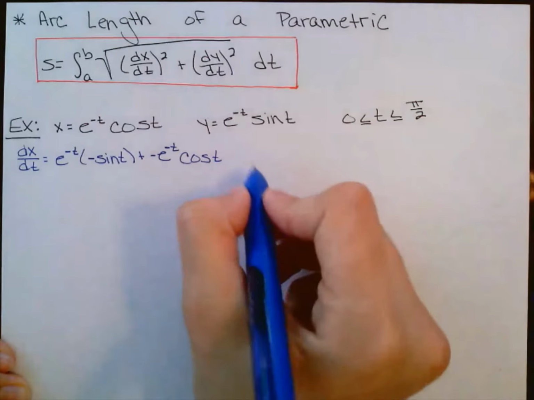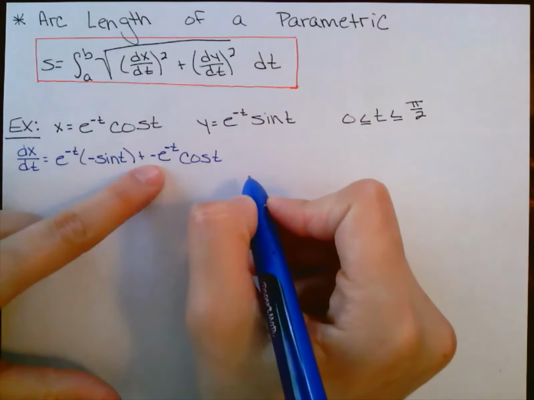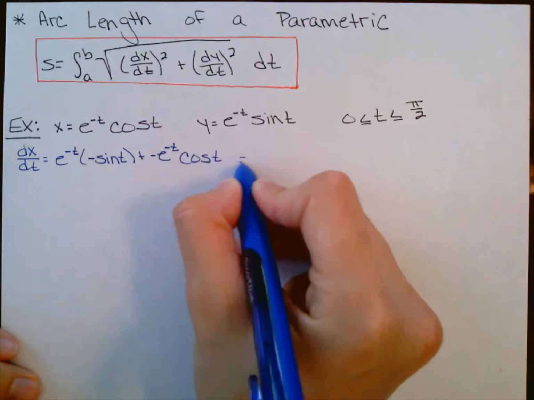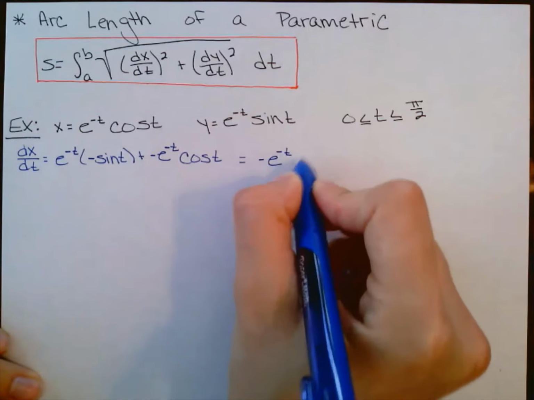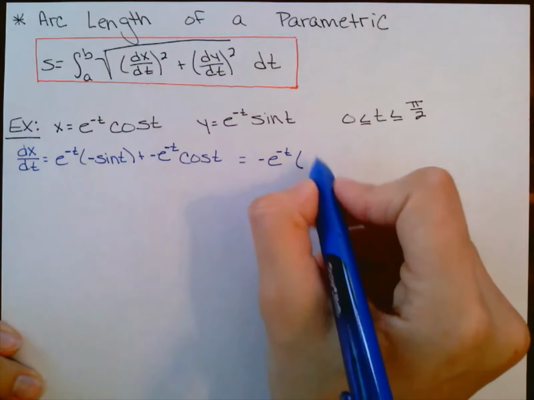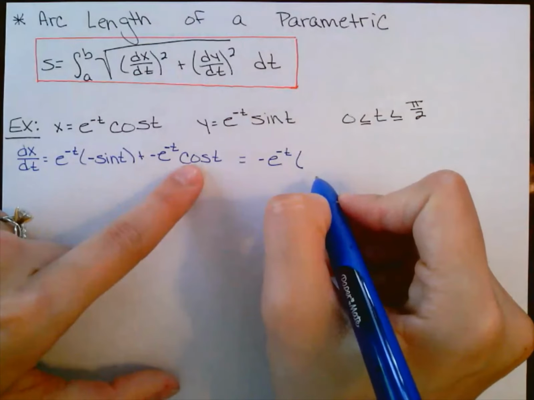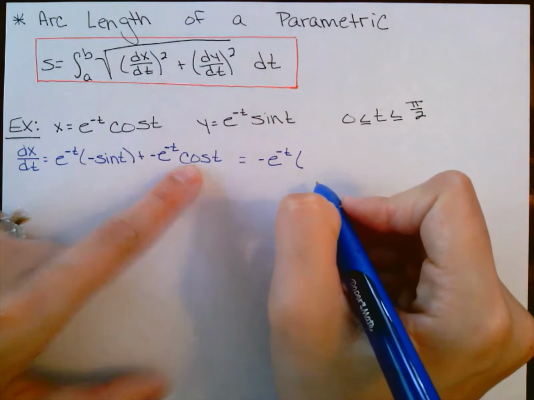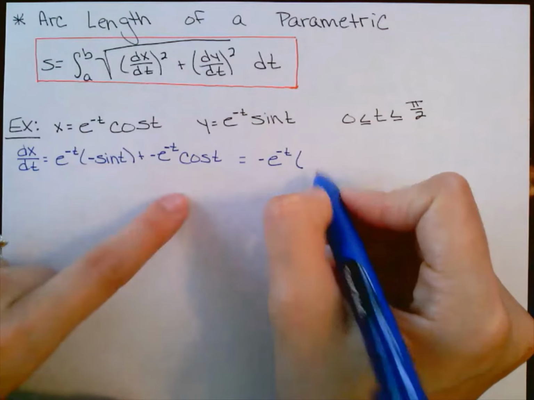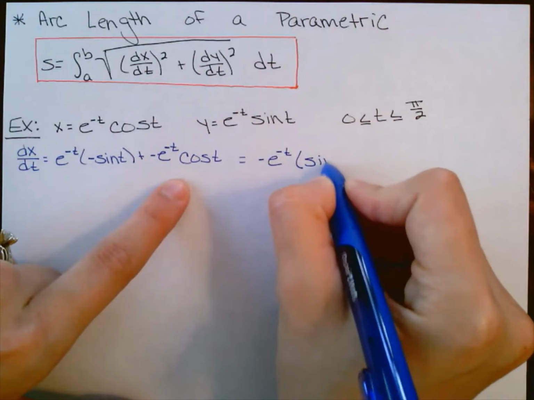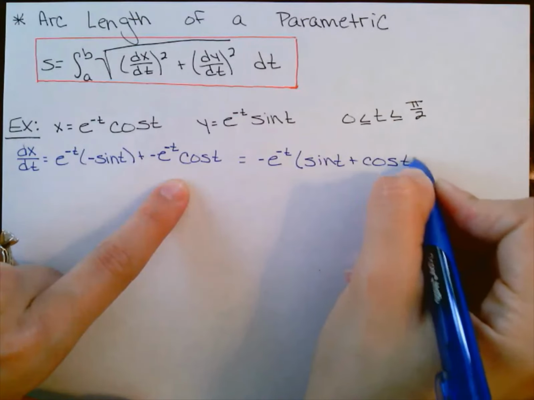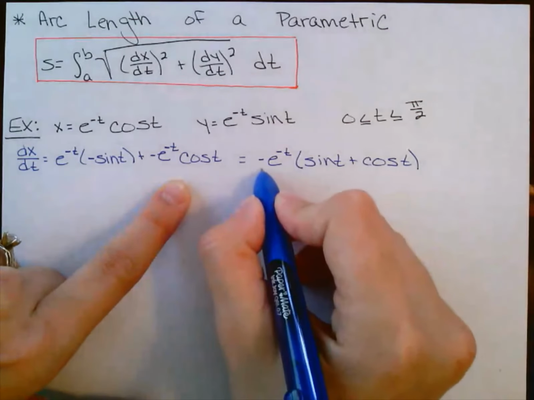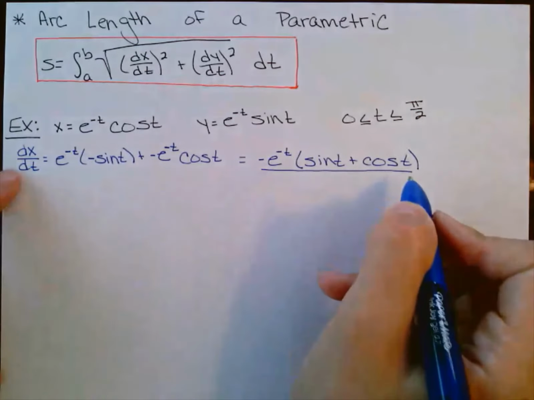And notice that there's a negative in common and an e raised to negative t in both. So I'm going to factor that out, negative e raised to negative t. And then I'm going to have a negative sign and a positive cosine. Okay? I'm sorry, the negative got taken out. So a sine plus a cosine. Okay? So there is my dx dt.